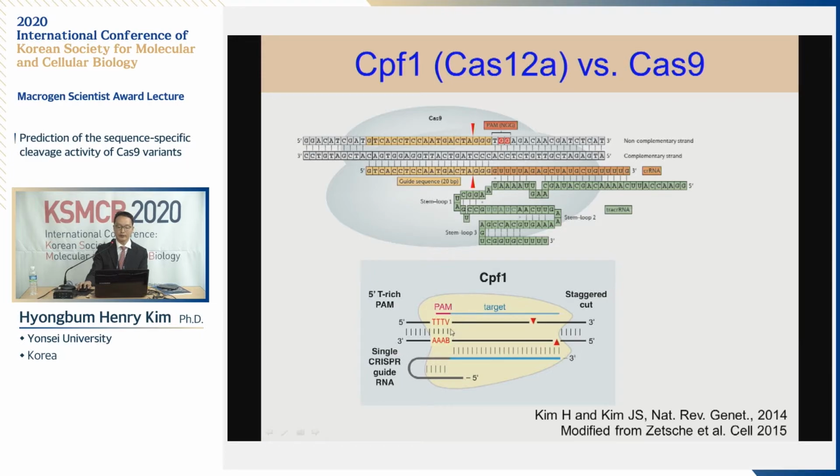And their PAM sequence is T-rich. TTTV is the PAM sequence, and they make a double strand break here. So when you cannot use Cas9 because you don't have a PAM in the target sequence, then you can search, and if the target sequence contains this T-rich PAM, then you can use Cpf1 in that case.